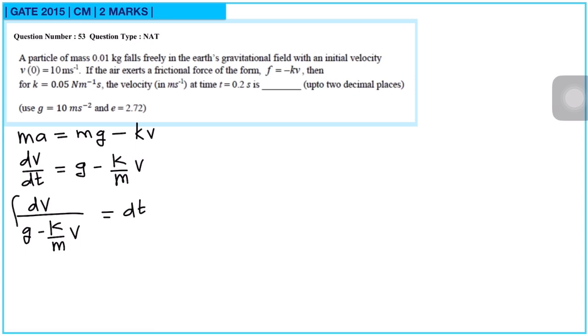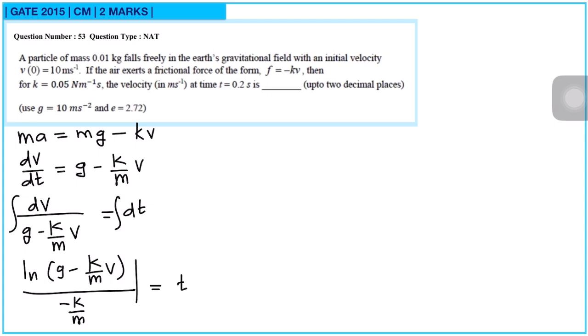Let us take integration on both sides. So this will be equal to ln of g minus k by m v upon minus k by m is equal to t.